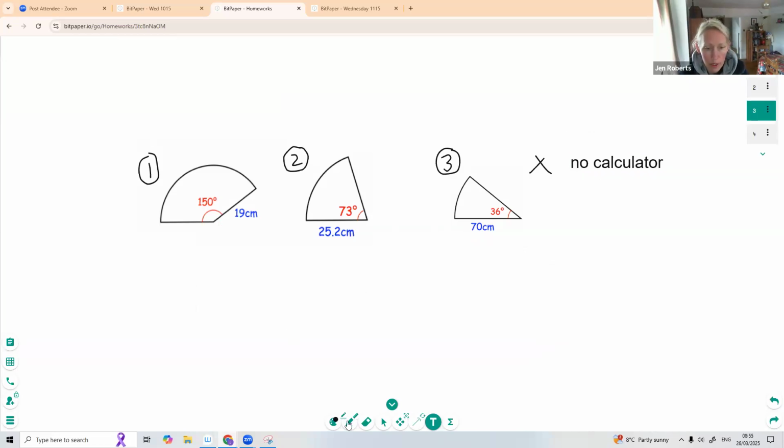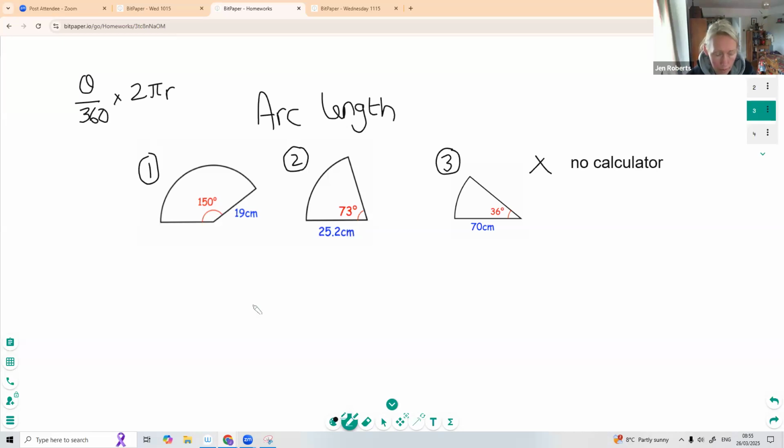Okay, so for this first one, it's just typing it into the formula, which is theta over 360 times 2 times pi times r. It doesn't say, but obviously we are working out the arc length, because that's what we've just been discussing. So the first one, 150 over 360 times 2 times pi times 19 gives you an answer of 49.7.